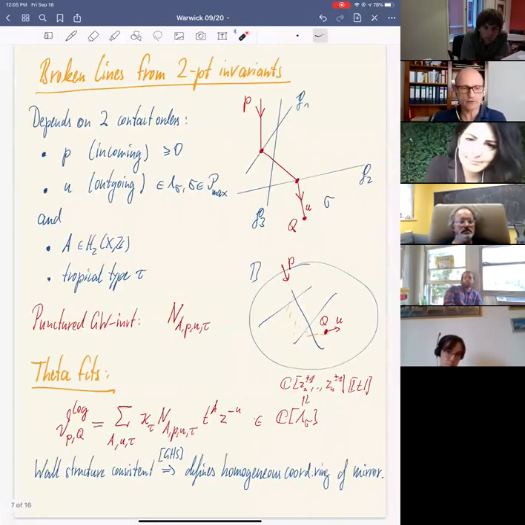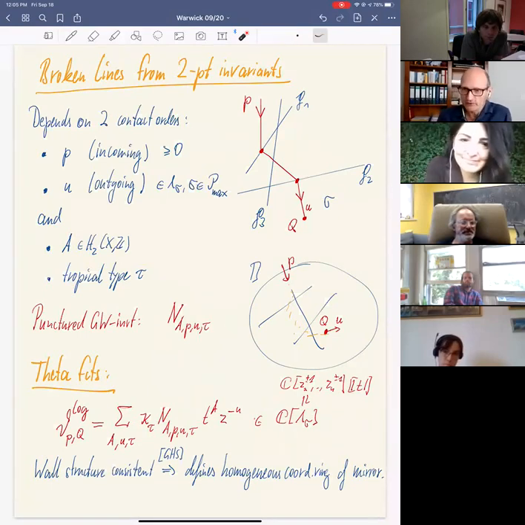Maybe I should pause for questions. The only thing you should take from this at this point is there's some way to get wall structures. They have to do with one punctured Gromov-Witten invariants. And then there's this weird notion of broken lines. They depend on two contact orders and two punctured Gromov-Witten invariants.